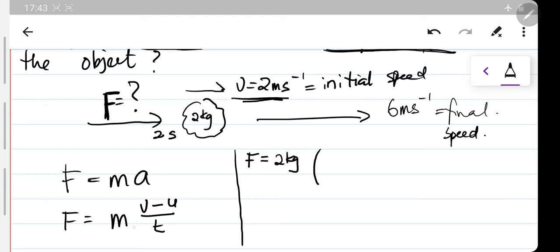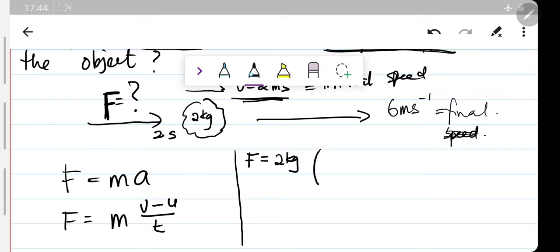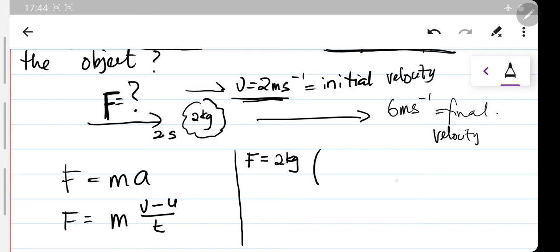What is its final speed? Or final velocity, sorry. Not speed, velocity. Final velocity. This also needs to be changed. So, final velocity is 6 meters per second minus 2 meters per second.